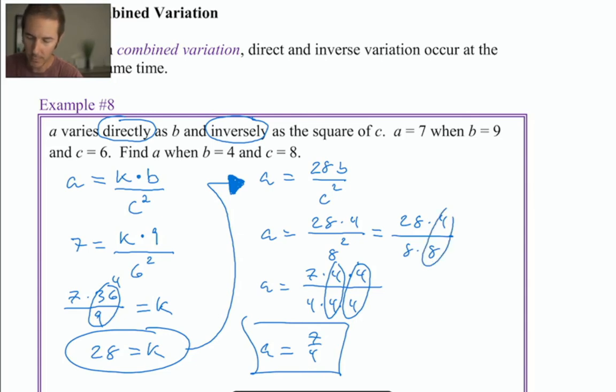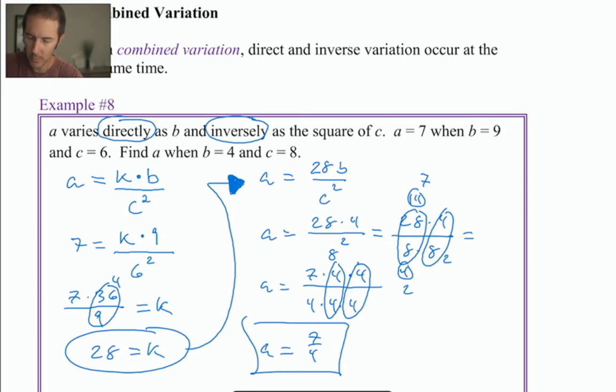The 4 over 8 reduces, leaving you with a 2 in the denominator. The 28 over 8, it might not jump out at you that they're both divisible by 4, but they're both even numbers, so divide them both by 2 first. This turns into a 14 over 4, and then you have to pause long enough to realize that those are both even numbers again. Divide top and bottom by 2 again, the 14 turns into a 7, the 4 on the bottom turns into a 2.